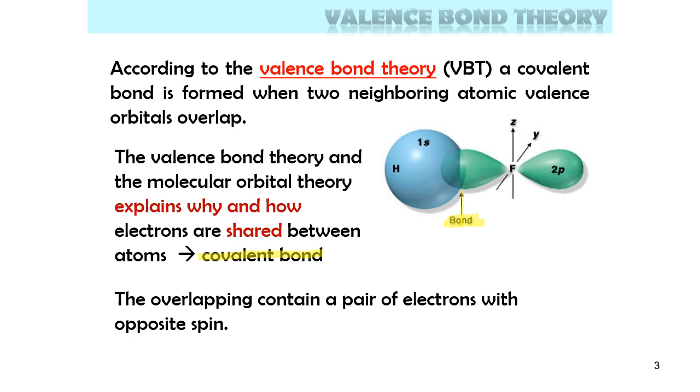The overlapping contains a pair of electrons with opposite spin. So in here, the hydrogen will give one electron, and the fluorine will contribute one electron. The sharing of electron we always represent by drawing the opposite spin of electron.